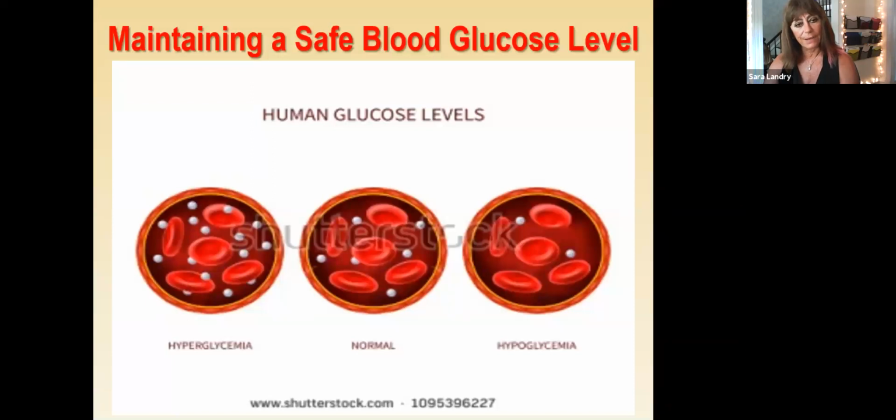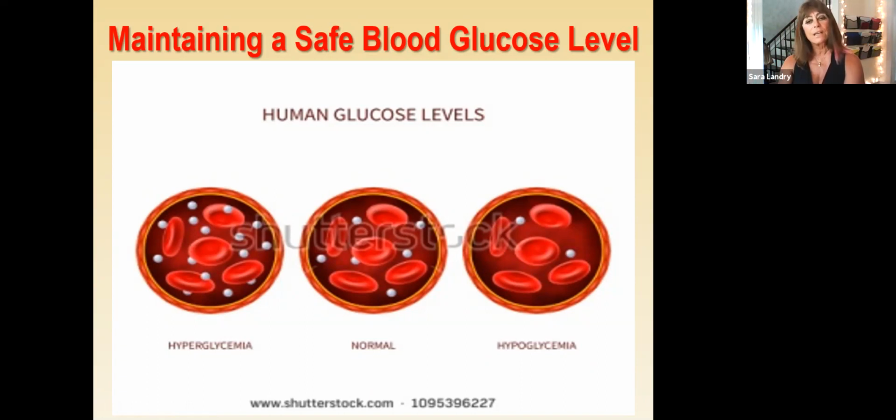So let's talk about how, as a diabetic, you can maintain safe blood glucose levels. And we have 3 pictures here. On the far left, we have an artery, and you can see the red blood cells, and see all those white dots? That's sugar. That's too much sugar in the blood, called hyperglycemia.